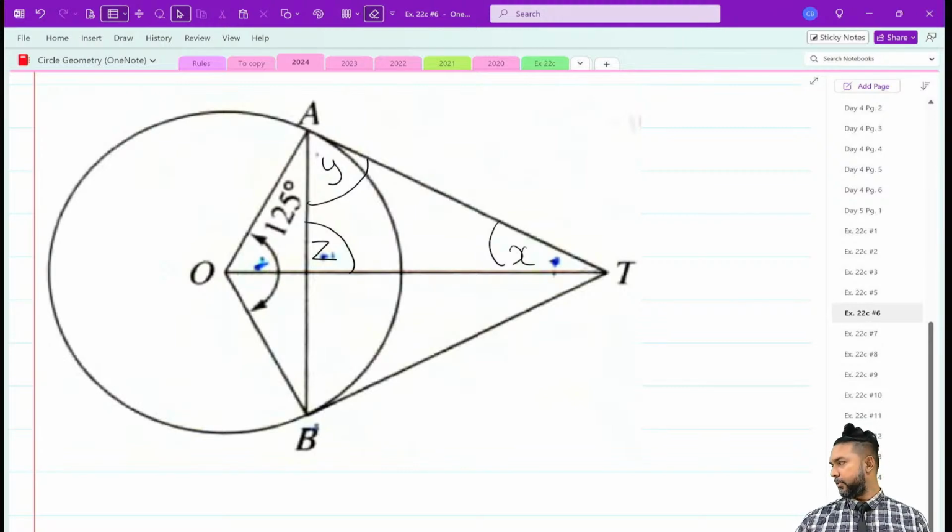Okay, now so we'll pull it. You could take away, which would be roughly 125, and divide it by this y, because these are both isosceles triangles.